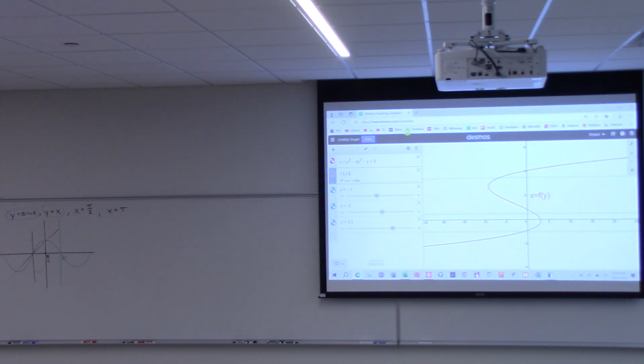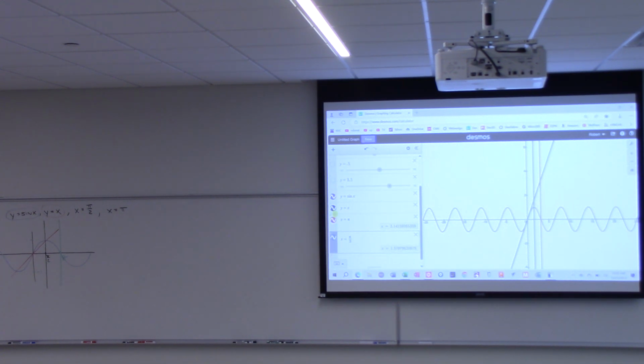So let's go to Desmos. Let's start a new one here. Okay, let's go. There's sine. y equals x, there's my diagonal. x equals pi, and x equals pi over 2.